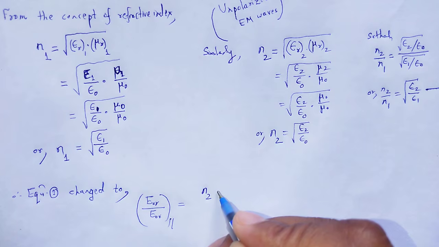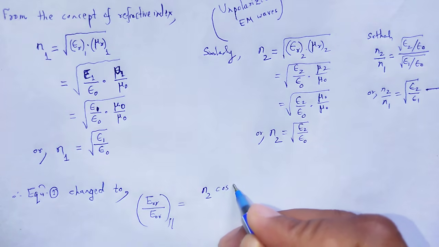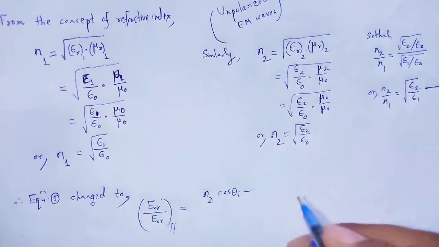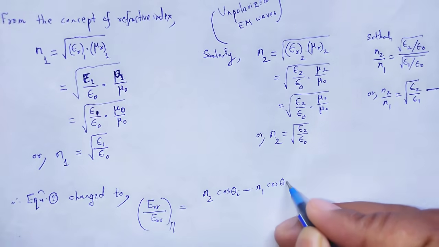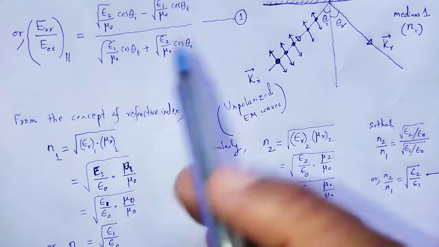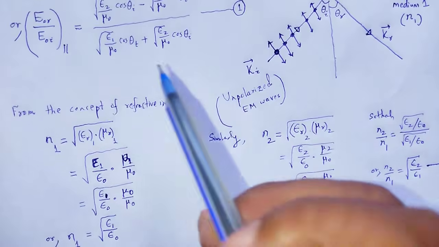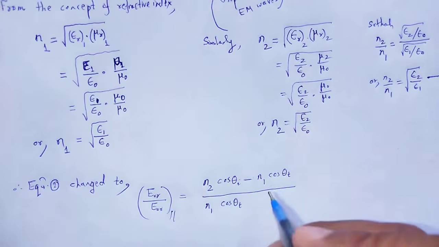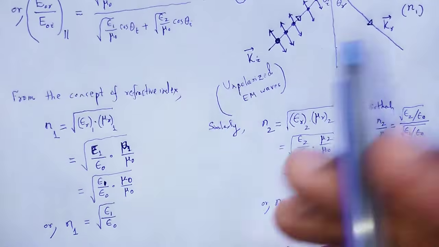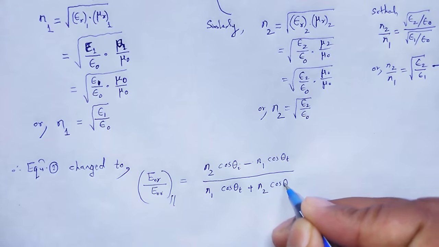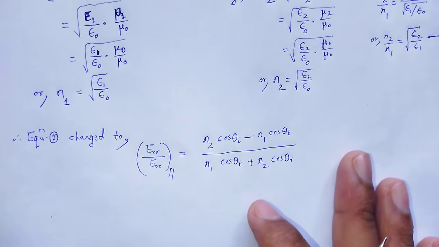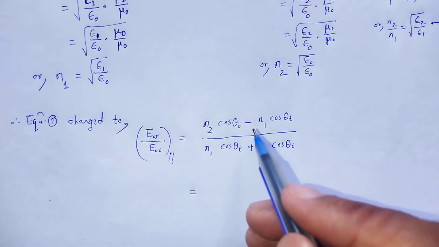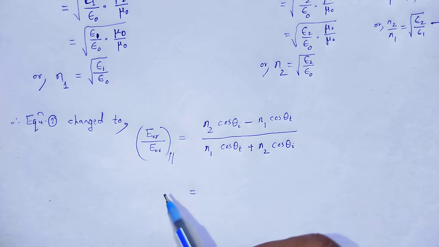So we have n2 cos theta I minus n1 cos theta t divided by n1 cos theta t plus n2 cos theta I. In the numerator and denominator, let us divide by n1.